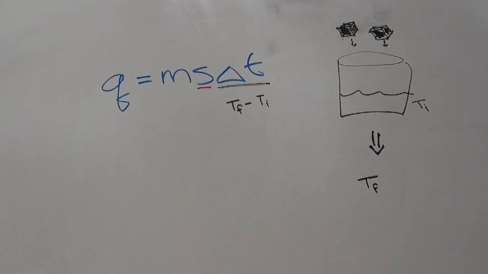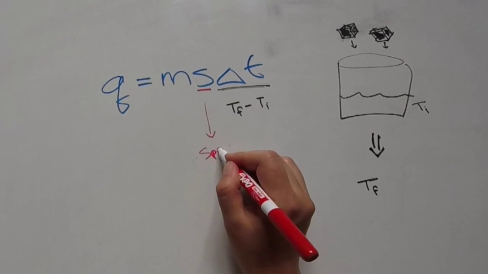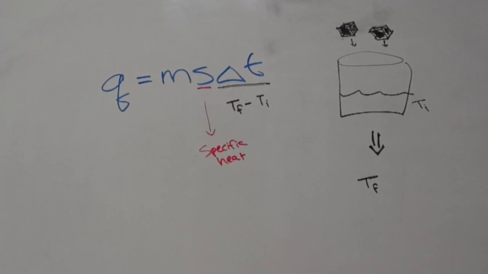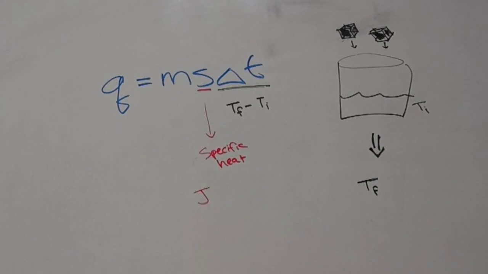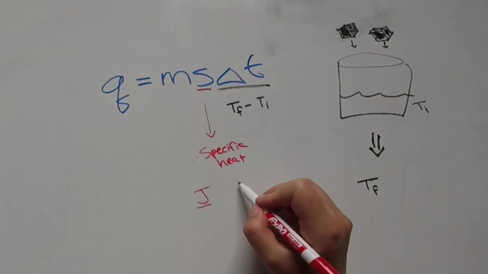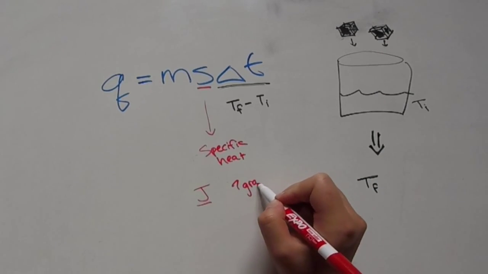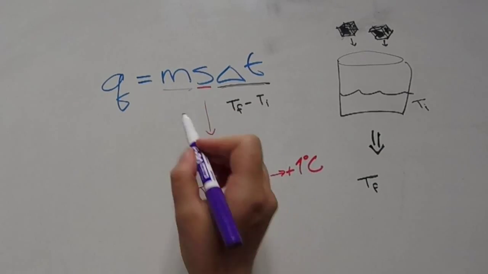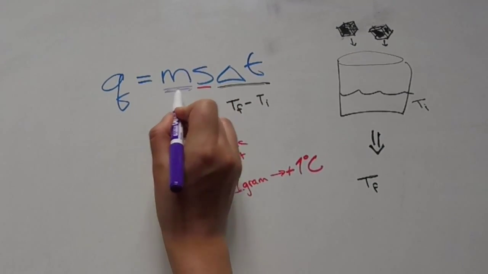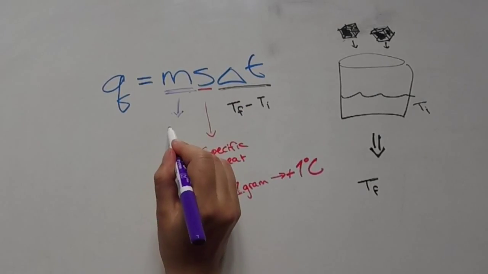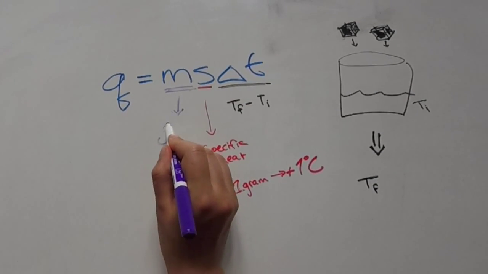Next we have s, and that stands for specific heat. And the specific heat of a substance is the amount of energy in joules required to change the temperature of 1 gram of the substance by 1 degree Celsius. Now we get to the easiest part, m. And all that stands for is the mass of the substance that you're given in grams.